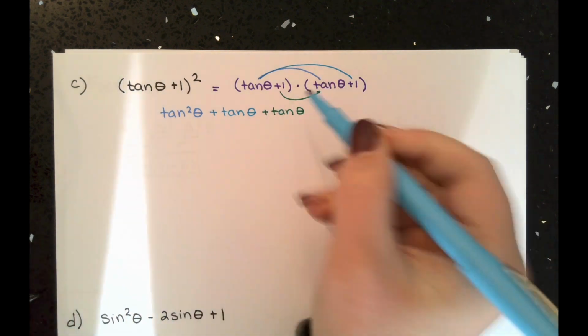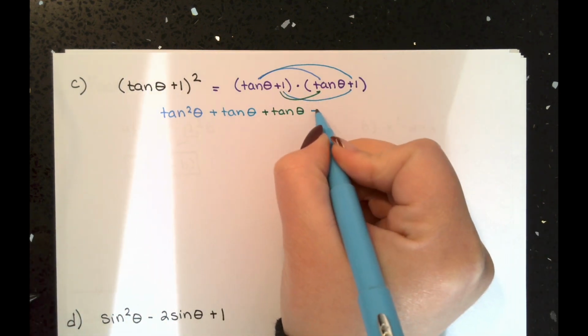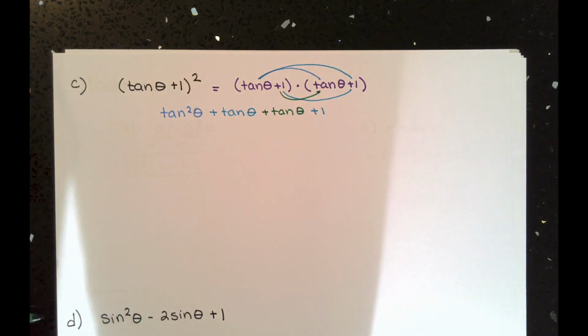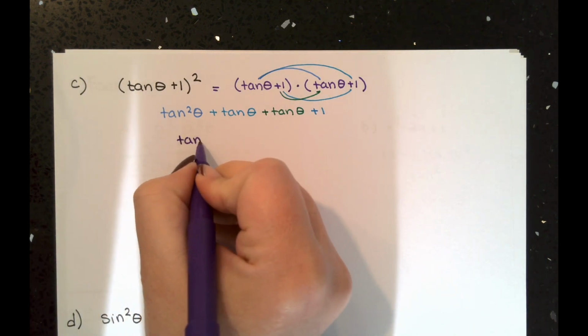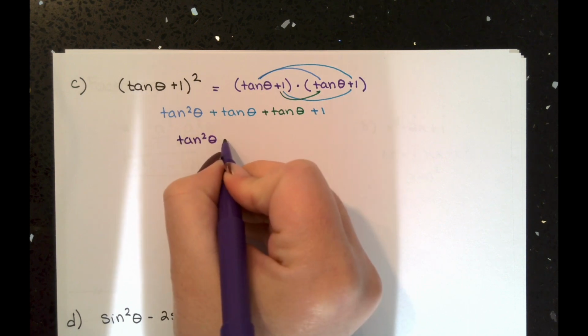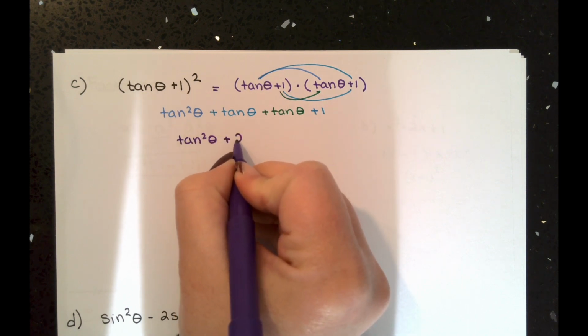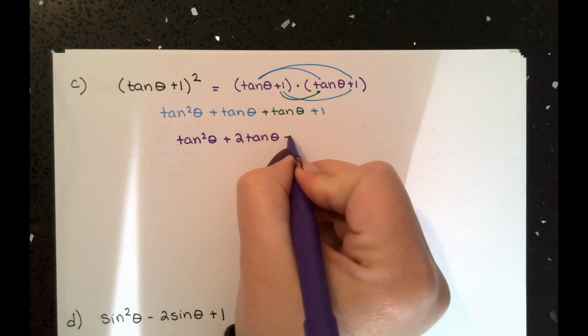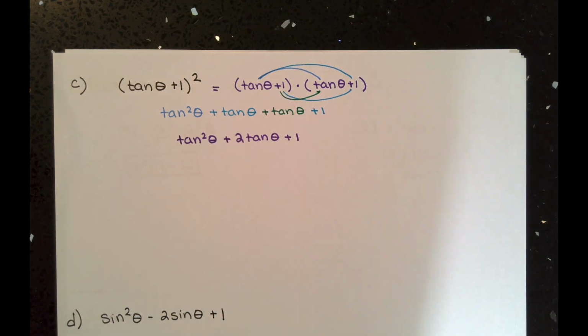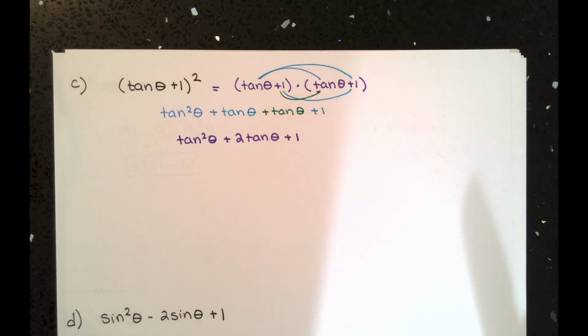And 1 times 1 is a positive 1. So we end up having tangent squared of theta plus 2 tangents of theta plus 1. So here we're just multiplying it out.